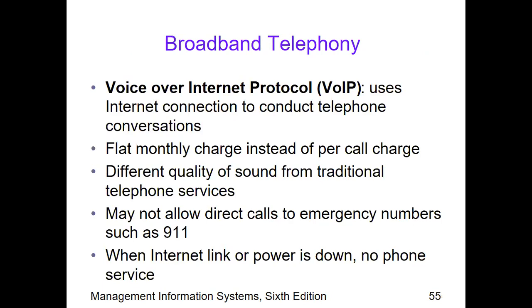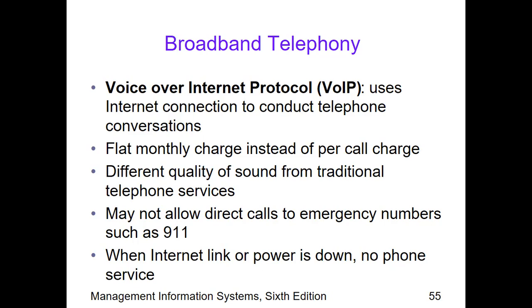The broadband telephony, as said a while ago, would use VoIP. I explained that. This would have a flat monthly charge instead of a per-call charge, since the internet connection is normally done on a flat charge. However, if there is additional data consumed with other items, especially if not unlimited access to the internet, which is also open access, there could be additional charges, but that would be the exception.